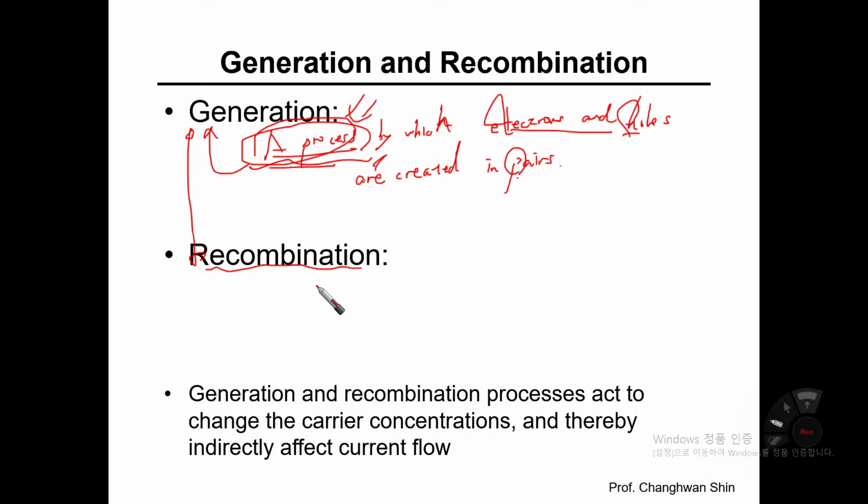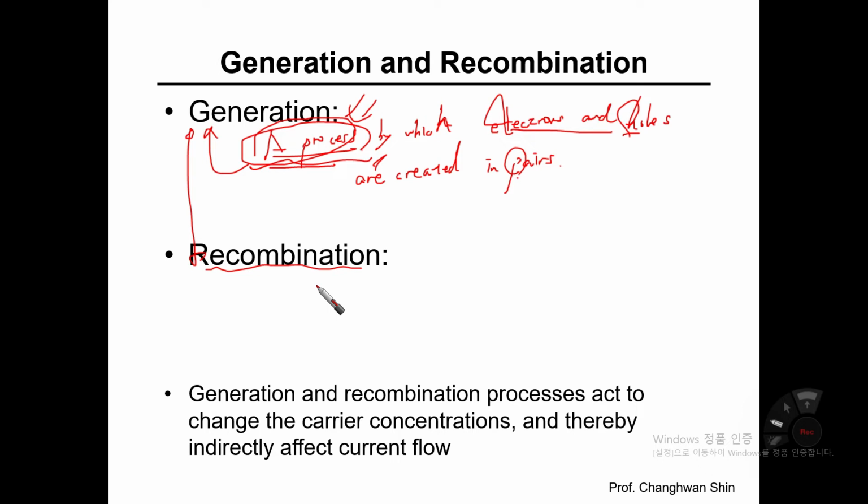Why? Within the silicon, those electrons can recombine with holes, and a totally new electron is created simultaneously, so the total number of electrons is still kept. This is named a dynamic situation. That is the main physical origin why we should learn recombination and generation together.